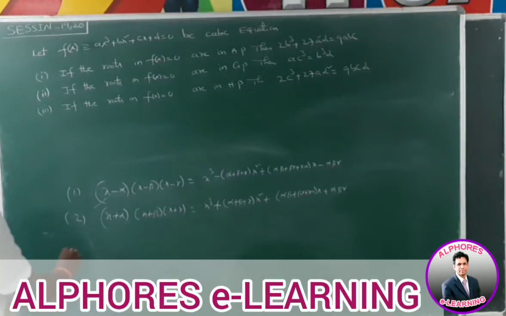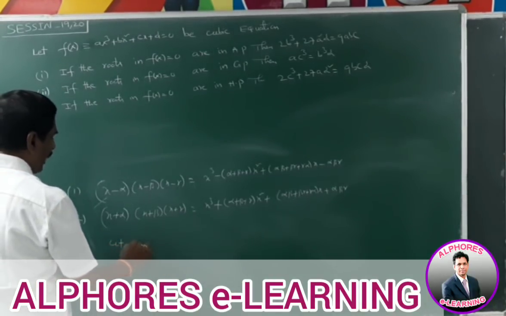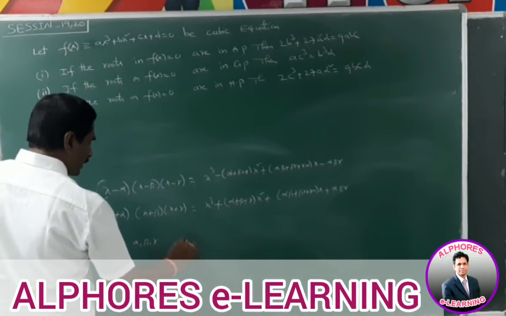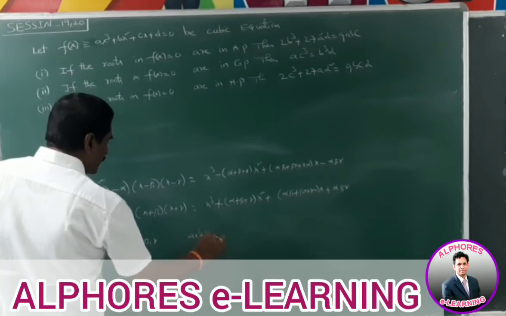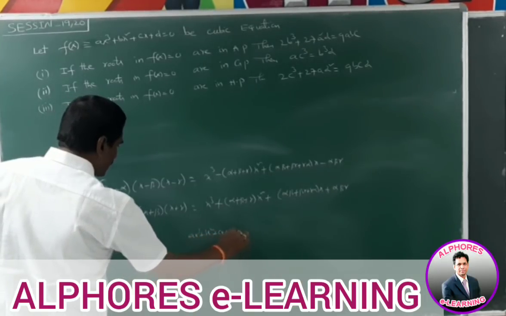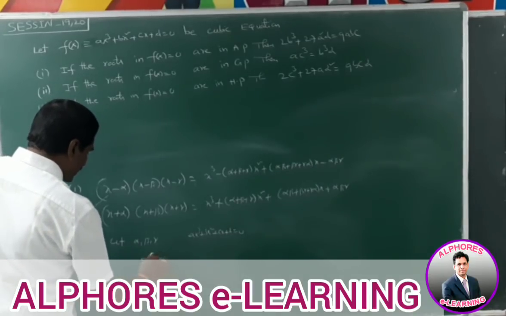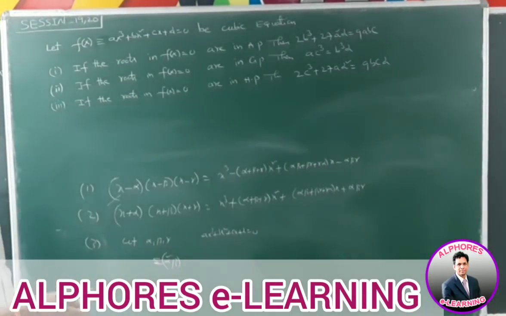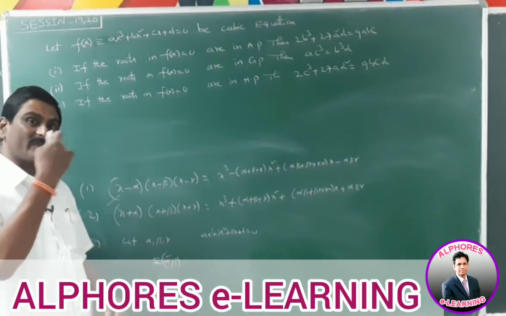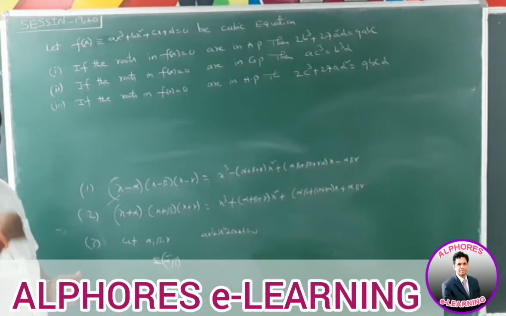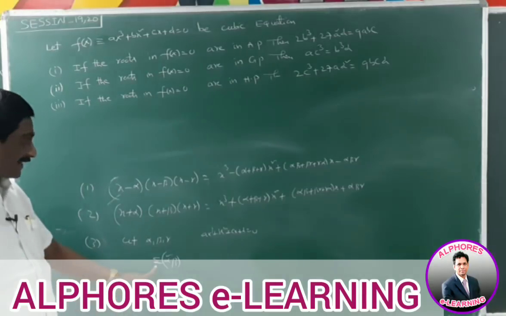Next, third one, let alpha, beta, gamma be the roots of the cubic equation a x cube plus b x square plus c x plus d is equal to 0. Then sigma alpha square beta means alpha square beta plus alpha square gamma, beta square alpha plus beta square gamma plus gamma square alpha plus gamma square beta. It contains 6 terms.